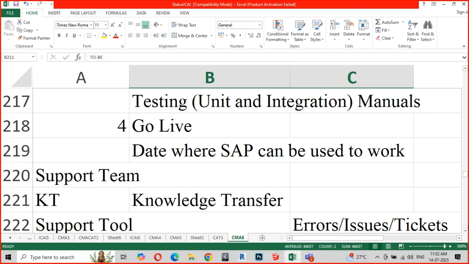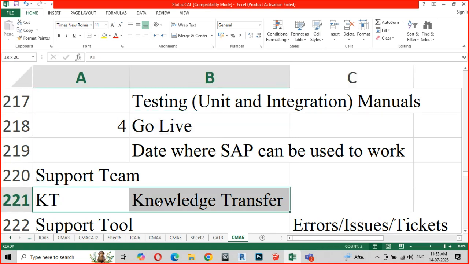The implementing company identifies a set of consultants who can take up the role of the support consultants. After identifying them, we tell them all about the system, how the system was configured, so that they understand the whole of the SAP system. And this is called knowledge transfer, KT.